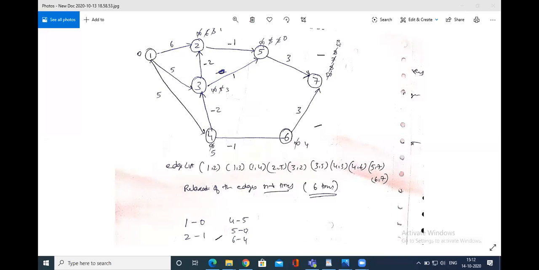So similarly it moves through the diagram by calculating the values. Okay. You could trace this to understand the single source shortest path.